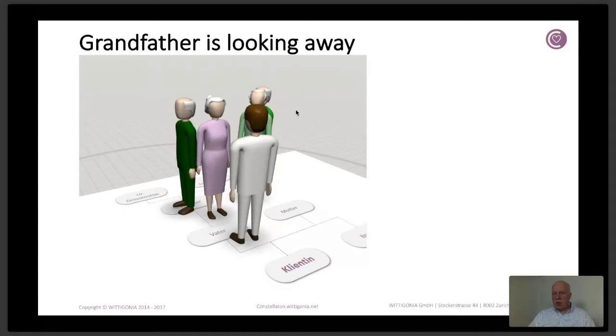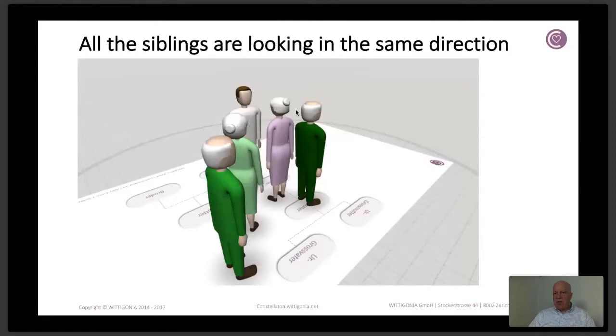We knew that there were siblings, so we put the siblings also in the same constellation. And it turned out that also the siblings were looking away. They were all looking in the same direction. And that gives us already a first indication that something is missing. So we need to look step by step for what is missing.